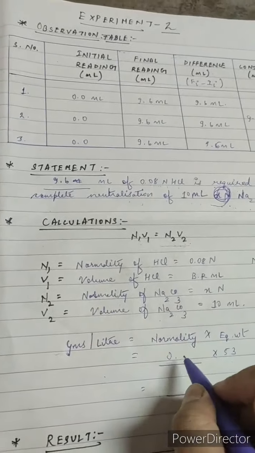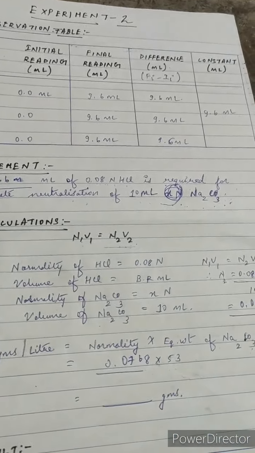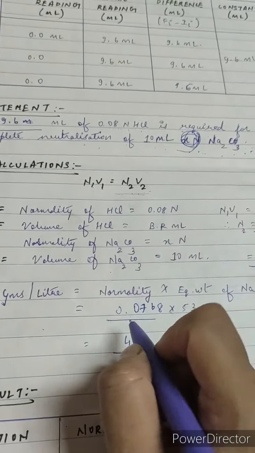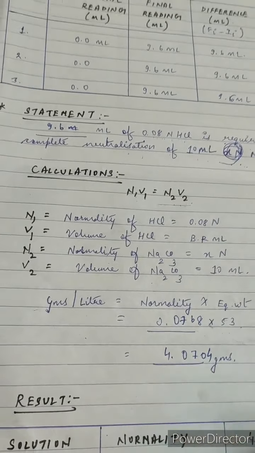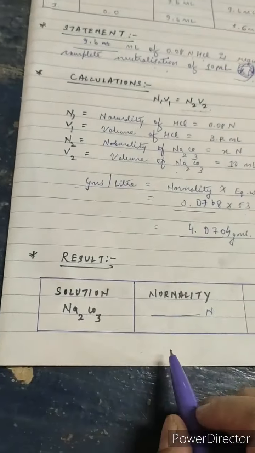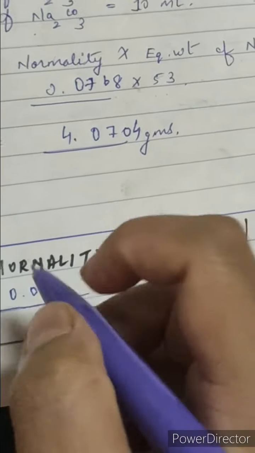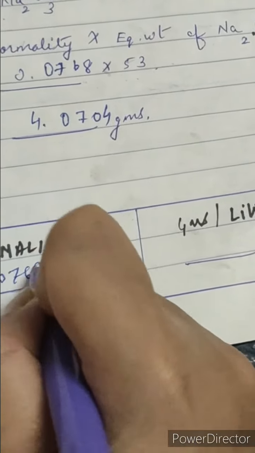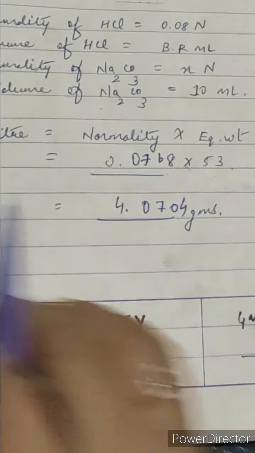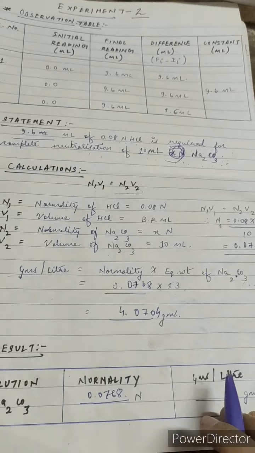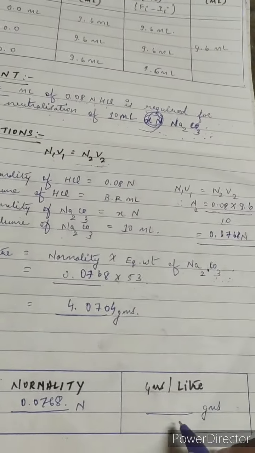So, 0.0768 into 53 comes to 4.0704 grams. So, in our final result, we'll write that the normality of sodium carbonate is 0.0768 normal, which was required to completely neutralize the 0.08 normal HCl.